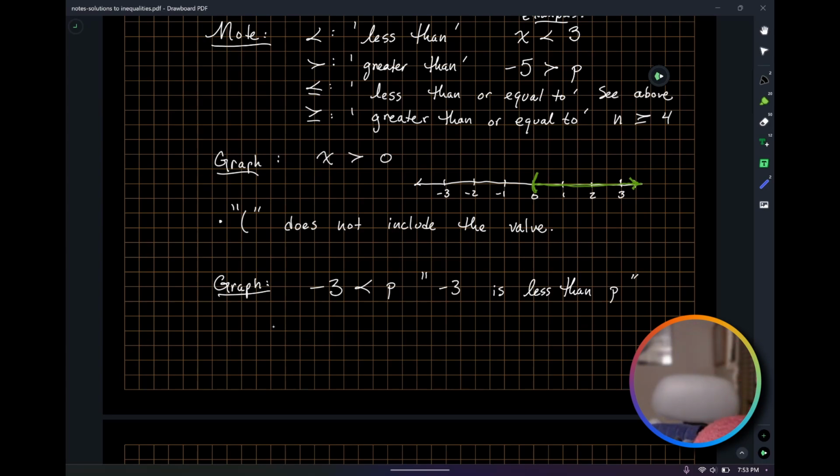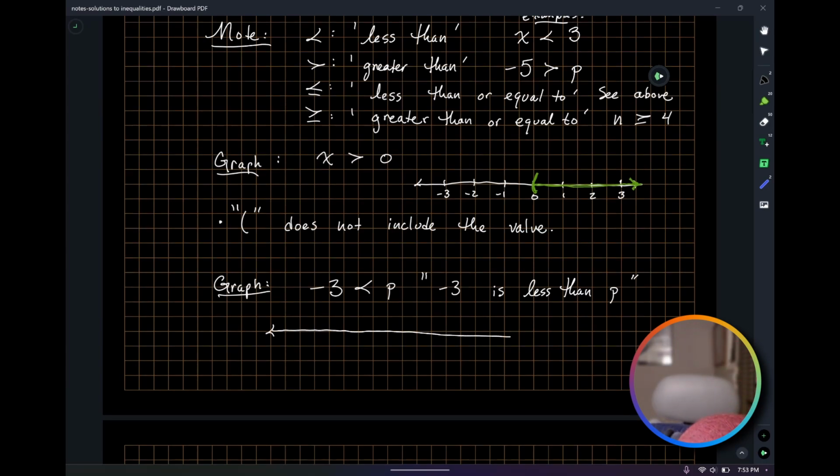So let's give ourselves a number line. We've made sense of it. Let's keep doing the same thing, with -3 being where we start graphing. -1, 0, 1, -4, -5, -6, and -7.